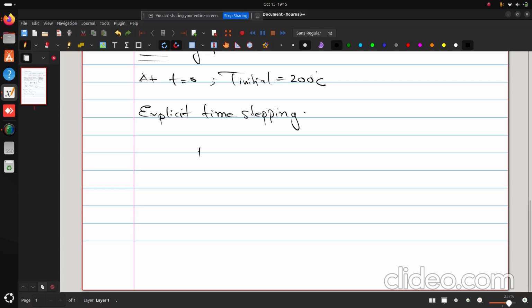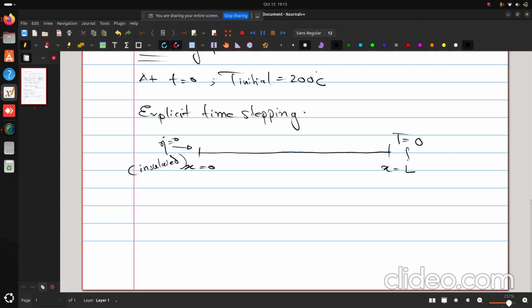Let us draw a schematic of the problem here. Okay, so this is x equal to 0, which means it's insulated, and the right end is kept at T equal to 0 for time greater than 0.